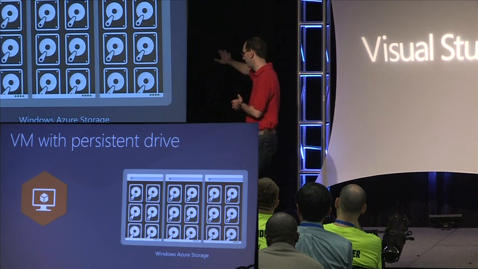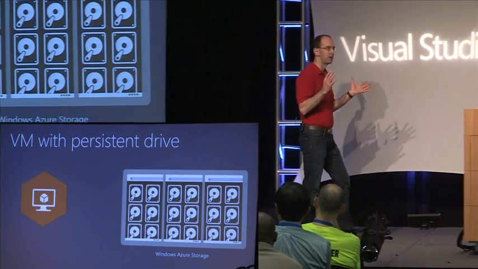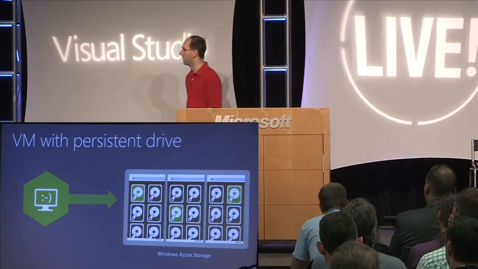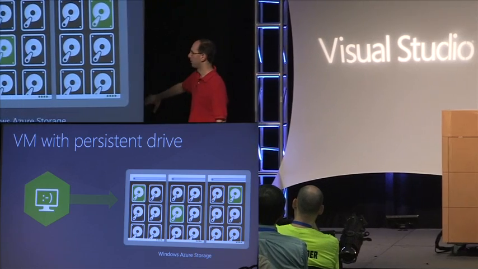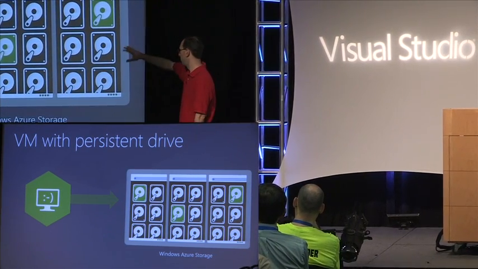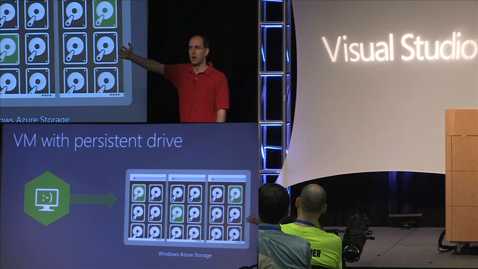We actually back it up with something we call the Windows Azure storage system. The Windows Azure storage system is a set of clusters that we run. You can think of them like giant RAID clusters, but a little bit more fancy than that. And when I create a drive and attach it, whether it's the boot drive or a data drive, we persist your data across the storage system, and we do it across multiple physical drives.